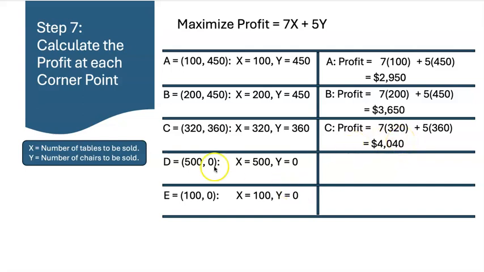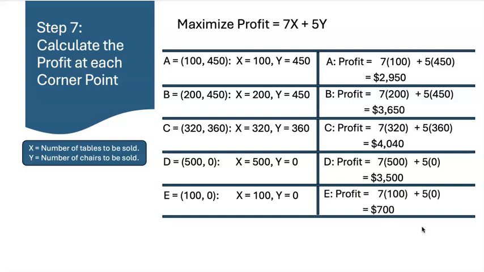At point D, we have 7 times 500 plus 5 times 0, which works out to 3,500. And lastly, at corner point E, it is 7 times 100 plus 5 times 0, which is $700.